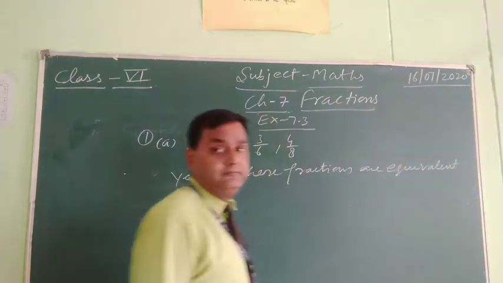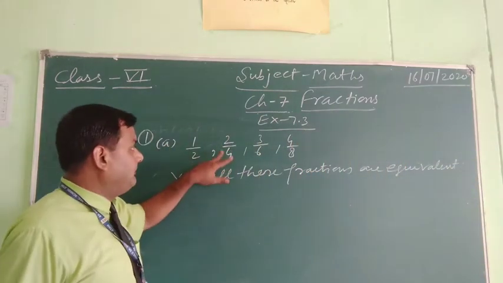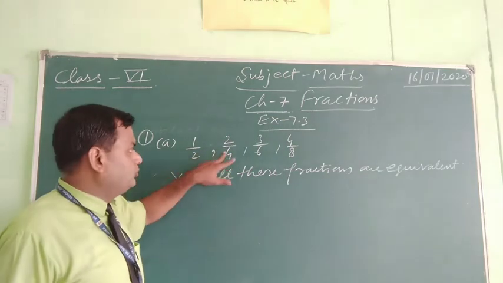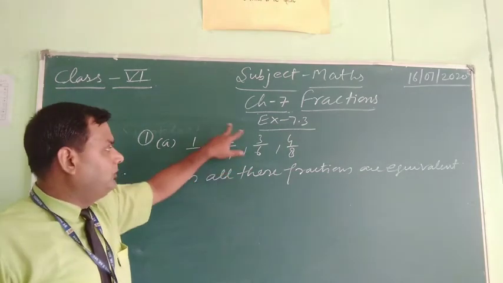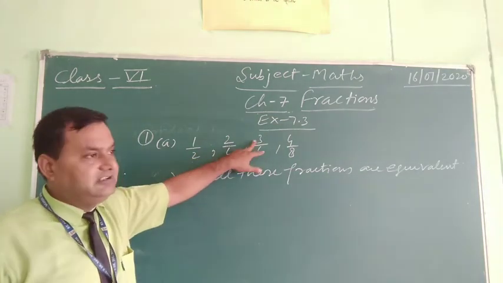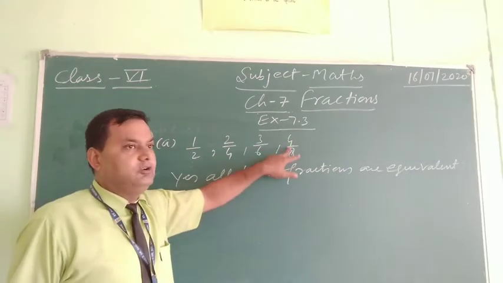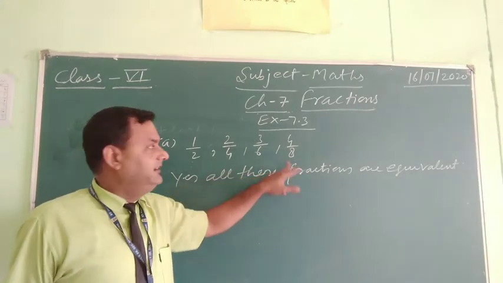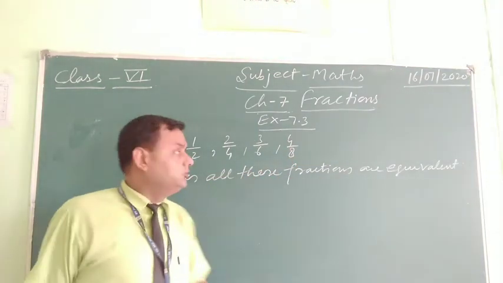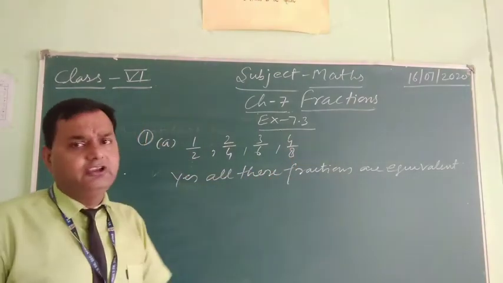Is it clear? If we divide 2 upon 4 by 2, 2 1s are 2, 2 2s are 4, so it is 1 upon 2. 3 upon 6: 3 1s are 3, 3 2s are 6, so 1 upon 2. 4 upon 8: 4 1s are 4 and 4 2s are 8. It is also 1 upon 2. So all these fractions are equivalent.